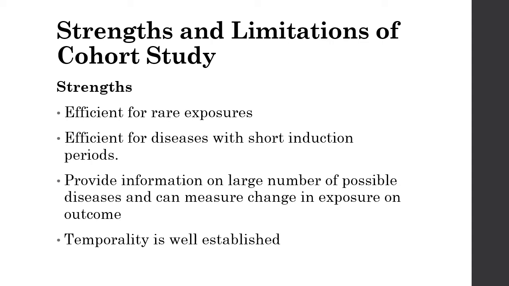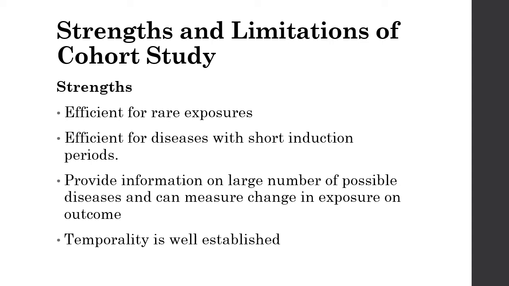And it provides information on a large number of possible diseases and can also measure the change in the exposure on the outcome. Because when people do cohort studies, and most cohort studies take a lot of time and are expensive for follow-up for the outcome, you can choose to look at more than one outcome. So you look at different things in one study.